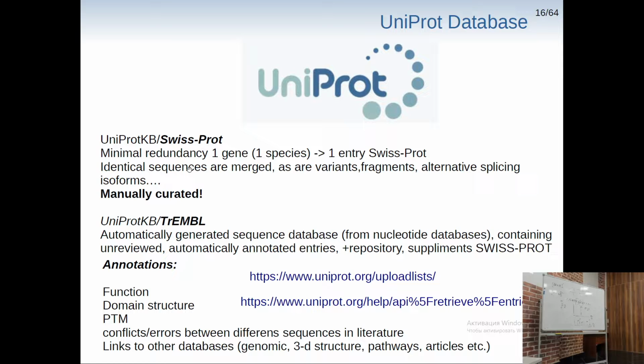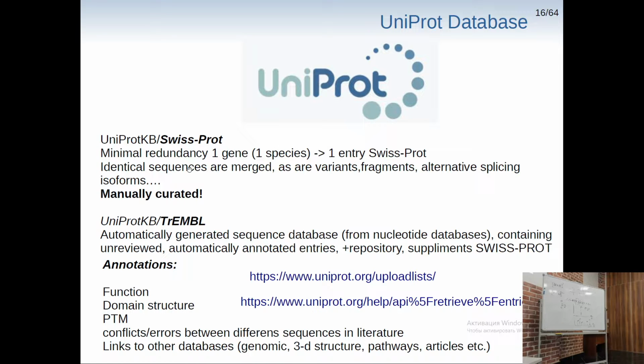What we are most interested in is two databases here. SwissProt is manually created, and it is in amino acid notation, so it's really useful for our proteomics work.